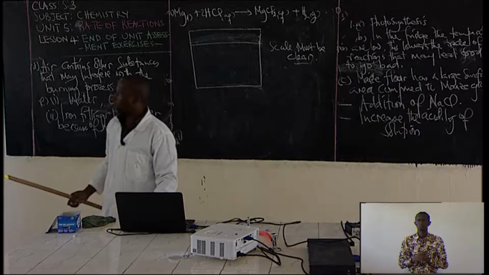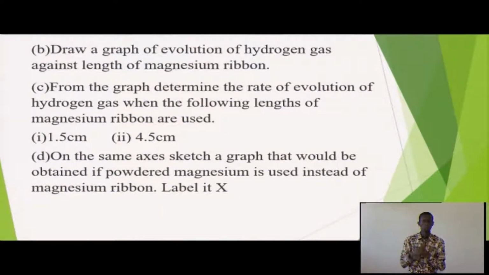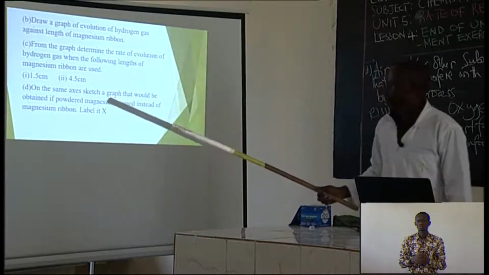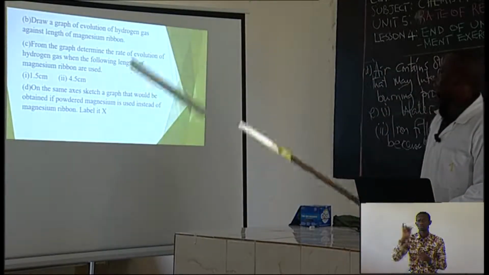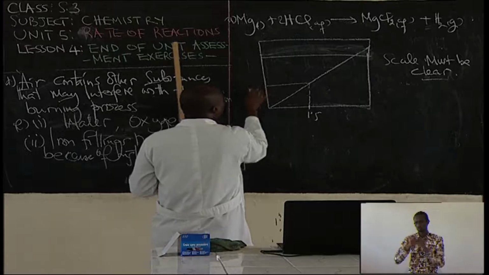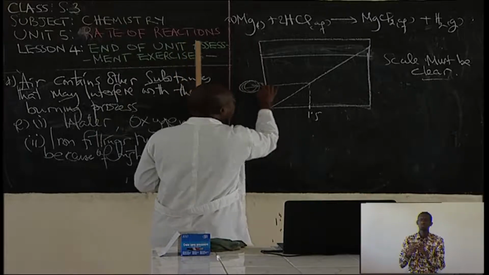So going back briefly, from the graph, determine the rate of evolution of hydrogen gas when the following lengths were used: 1.5. If the graph is moving like this, I go to 1.5 here, and then draw a line, then determine the volume of the gas that is produced here.